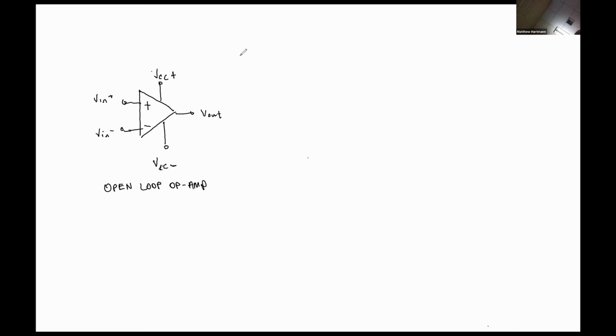What you're probably most familiar with is something like this, where the position of my inverting and non-inverting input terminals is swapped, but that's okay. You'd probably have a resistor of some sort here.